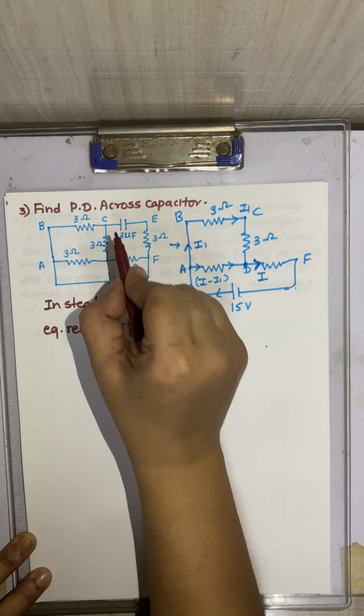R is equal to, now net resistance I wanted. You can see that B, C, D are in series, 3 plus 3, 6 ohm. This is in parallel with the resistance across AD. And this combination is in series with the DF branch, which is also a 3 ohm resistor.